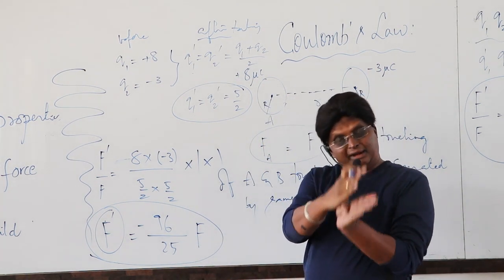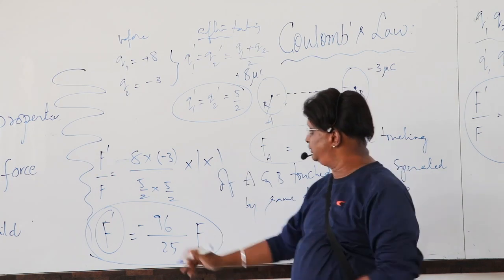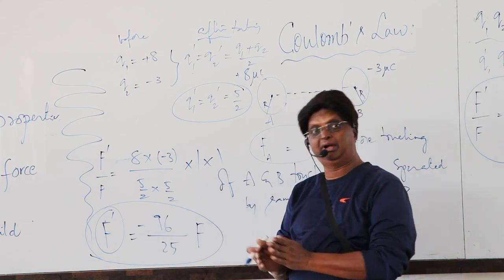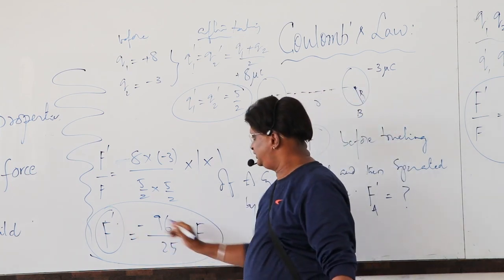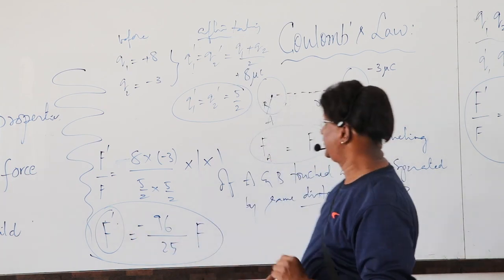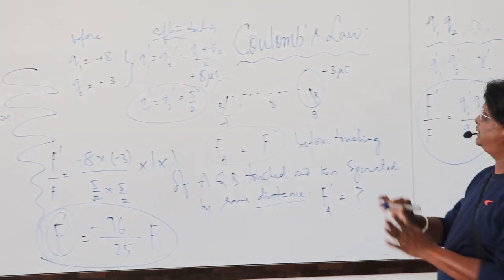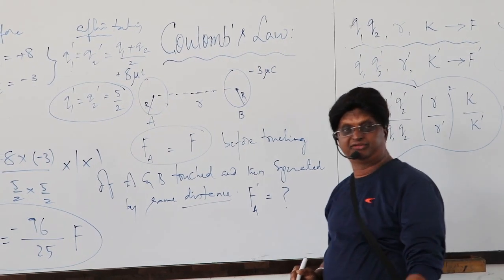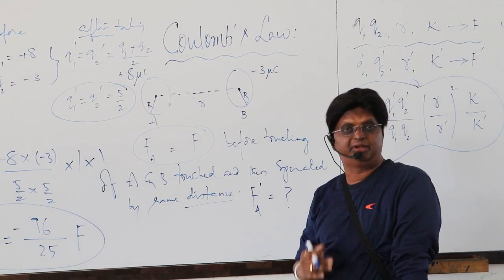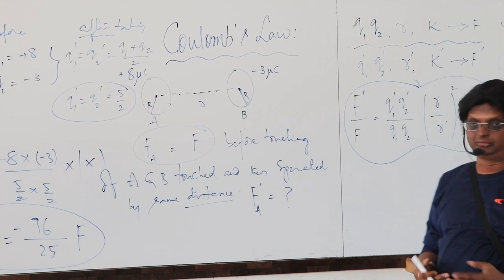If it is attractive and becomes repulsive, then you will get this negative sign. Otherwise, if repulsive remains repulsive, then F dash and F will have the same sign. Like that. So whenever an example is given, read the data and see what change is happening in charges, or in the distance, or in the medium, or in the force.